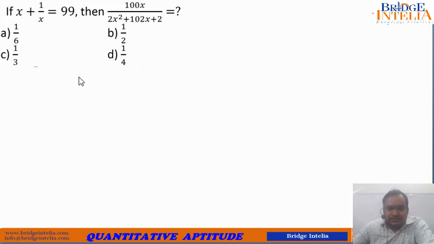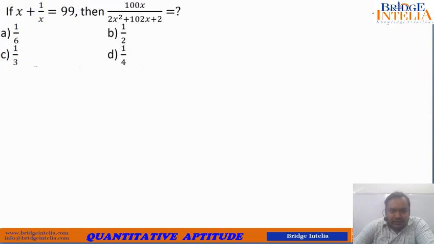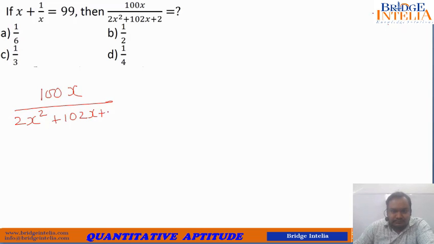Now students, this again is almost the same pattern of questions that we have been solving for quite a while now. We know the value of x plus 1 by x, and based on that we have to calculate the value of this expression. We have been given the value of x plus 1 by x, so there is a big hint: we divide both numerator and denominator by x.